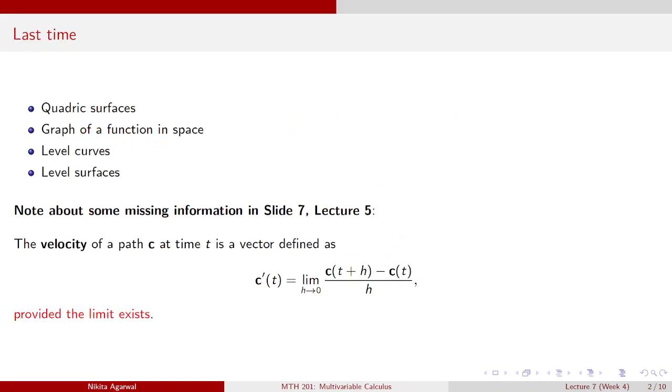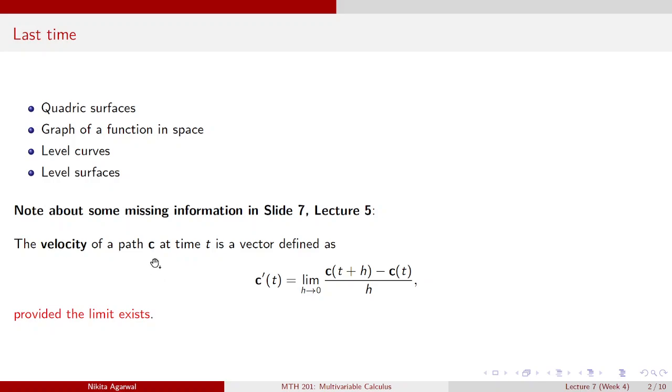In the last lecture we discussed quadric surfaces, graph of a function in space in R3, level curves and level surfaces. There was missing information in slide 7, lecture 5, which is when we defined velocity of a path.